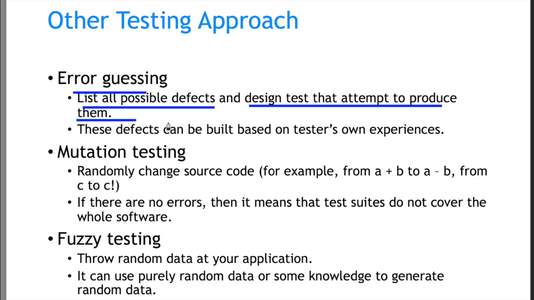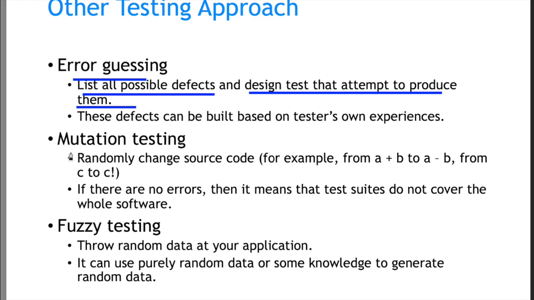They know the possible defects, and they try to apply them and produce defects in the existing system. So that is error guessing.